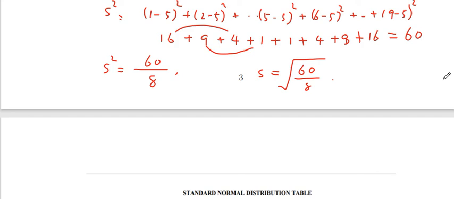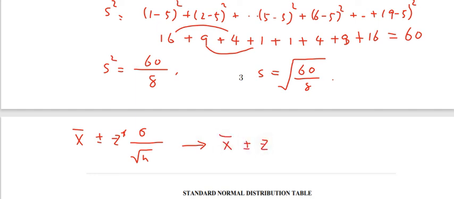Before, we had the formula x bar plus minus c star sigma over root n. Now we just change the formula. X bar is still x bar, the sample mean, plus minus c star, and we just change this sigma to s. So the question is, does this formula work?